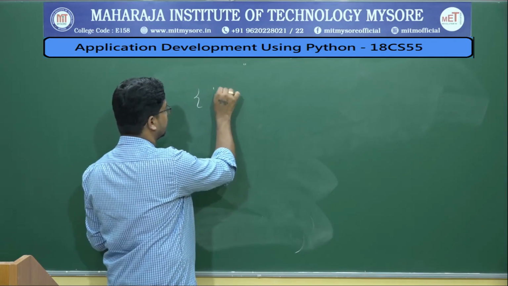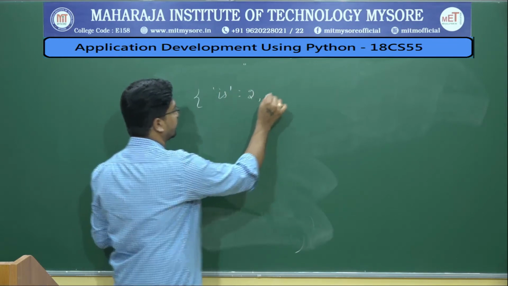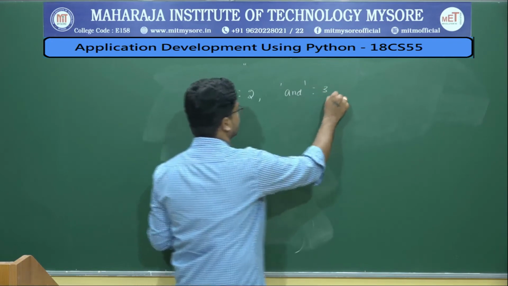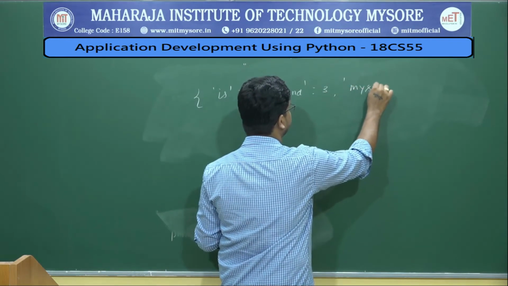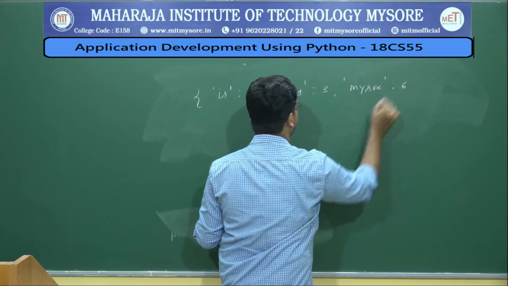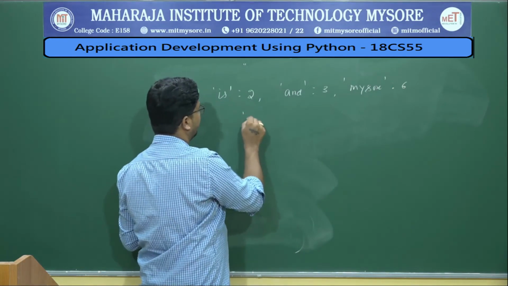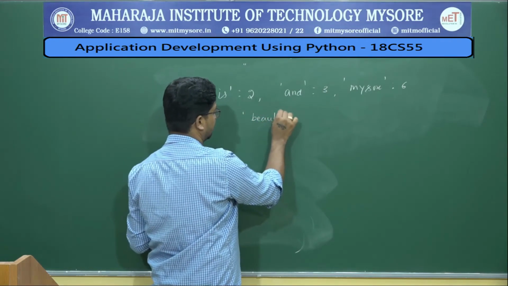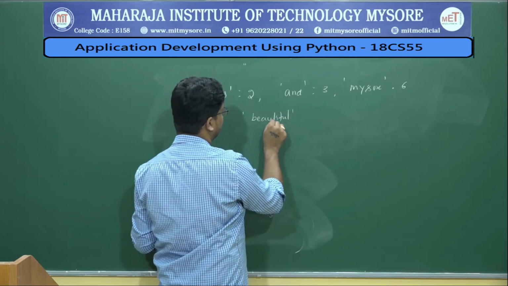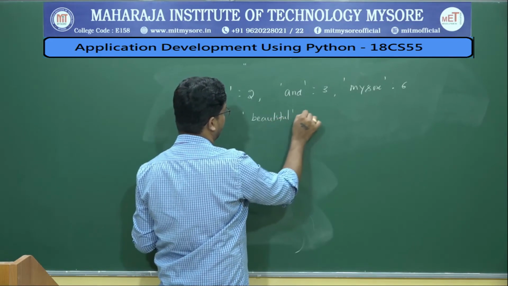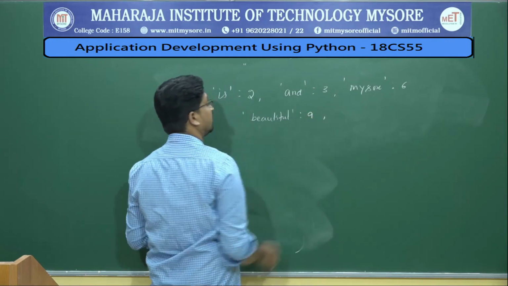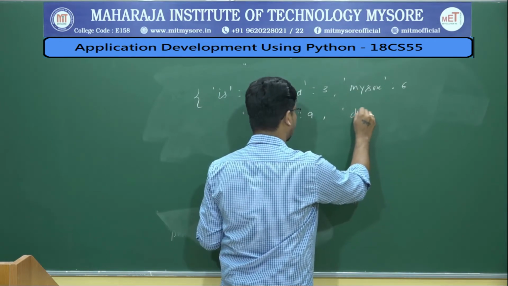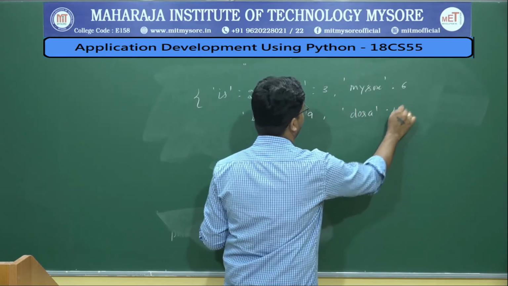Let us say is is 2 characters, and is 3 characters, then Mysore you got 6 characters, then beautiful 9 characters, then let us say dosa 4 characters.